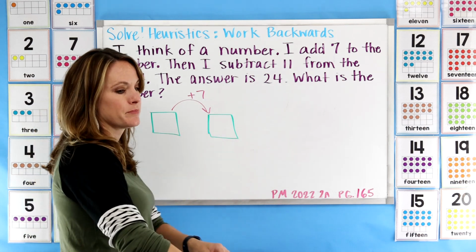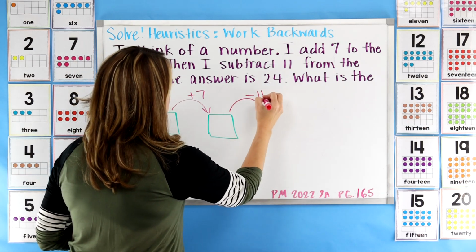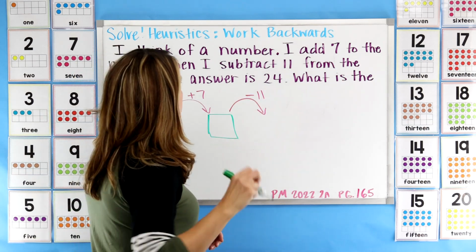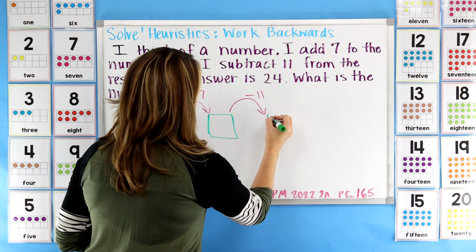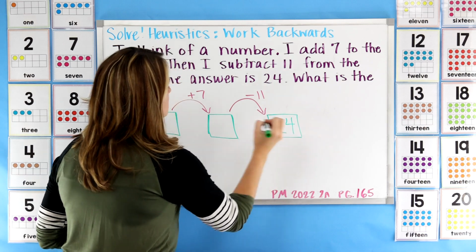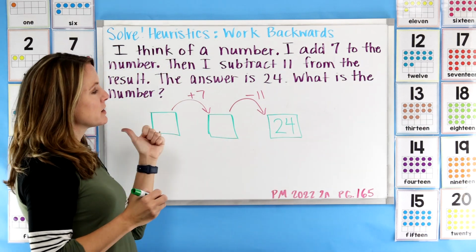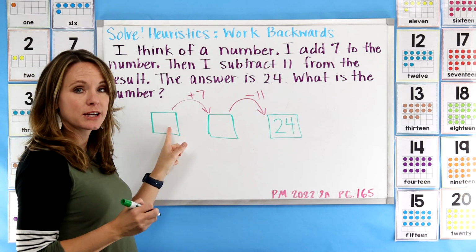Then what did we do? Then we subtracted 11 from that, and we had a number, but we know what this number is. This number was 24.